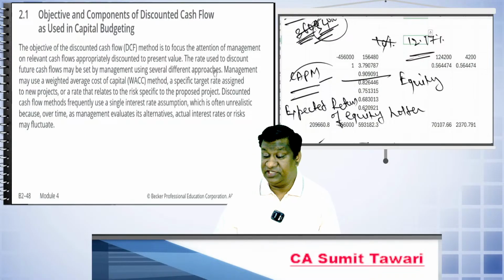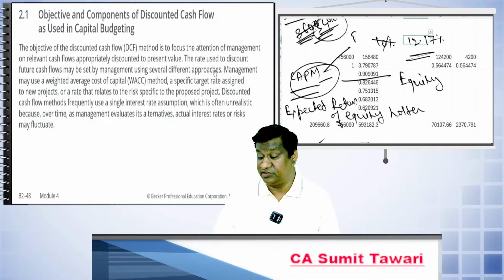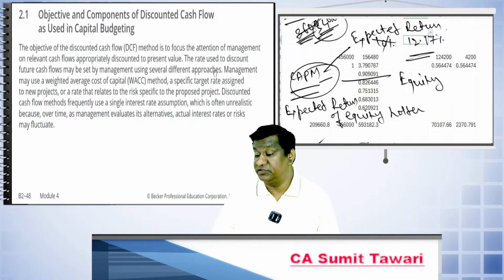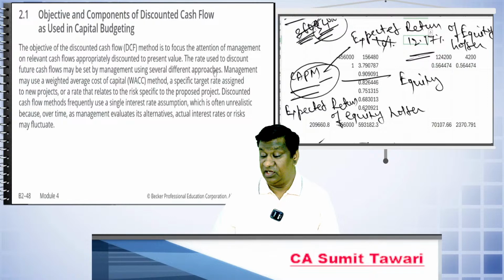Okay, with CAPM we calculate the expected return of the equity holder. If it is 100% financed by equity, then you can use whatever the cost of equity is as per the CAPM as the discounting factor.